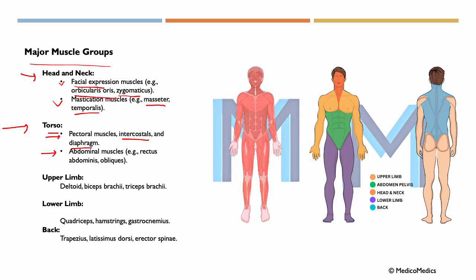We have the abdominal muscles, the rectus abdominis and the obliques. In the upper limb, we will find the deltoid, the biceps brachii, the triceps brachii. In the lower limbs, the quadriceps, the hamstrings, and the gastrocnemius. It's not important. And then the back, we have the trapezius, the latissimus dorsi, and the erector spinae.